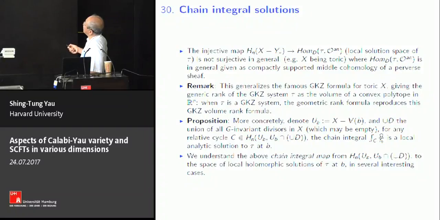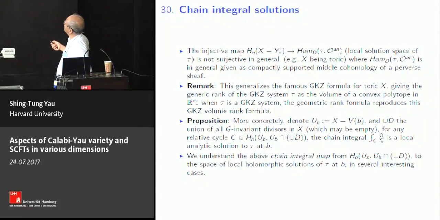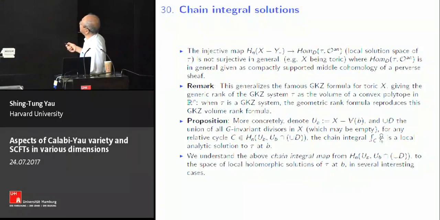And then it turns out there are some interesting questions called chain integral, which we would like to say a few words about. So if you denote X minus V_B, the complement of the Calabi-Yau, and you take D to be the union of all G-invariant divisors in X, and you take any relative cycle here. That's why it's called a chain.